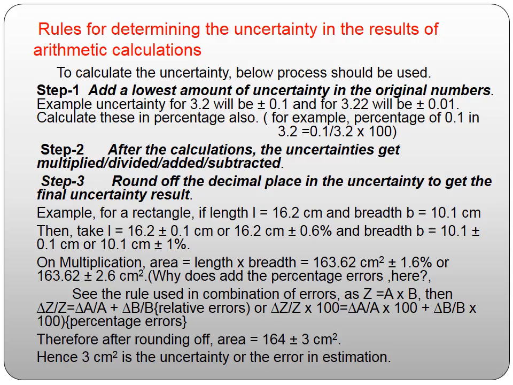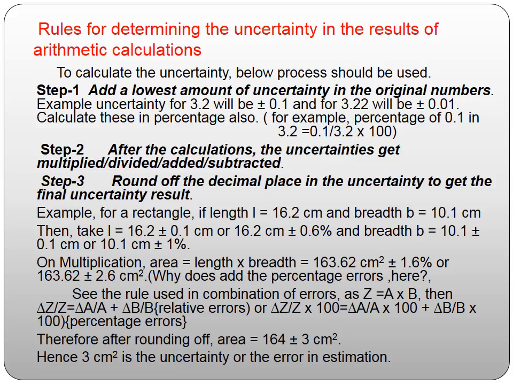Then take L equal to 16.2 plus or minus 0.1 centimeter or 16.2 centimeter plus or minus 0.6%, and breadth B equal to 10.1 plus or minus 0.1 centimeter or 10.1 centimeter plus or minus 1%.